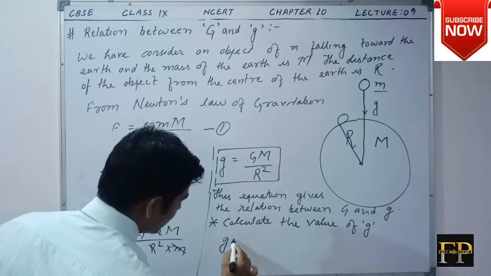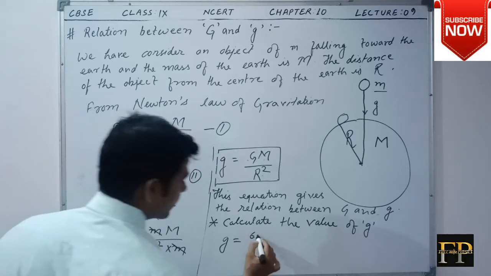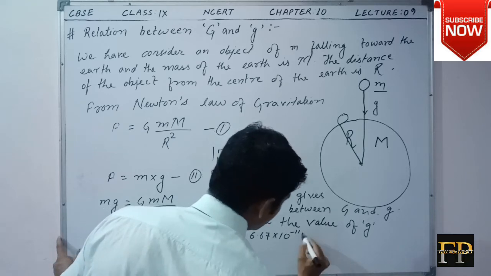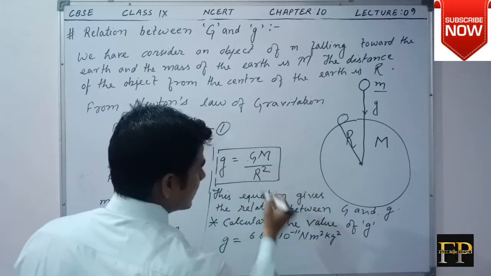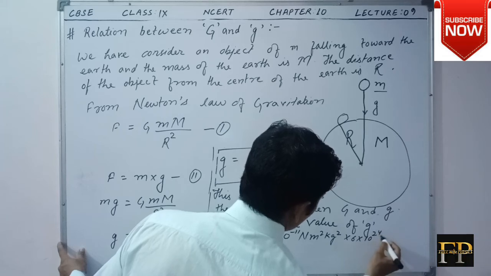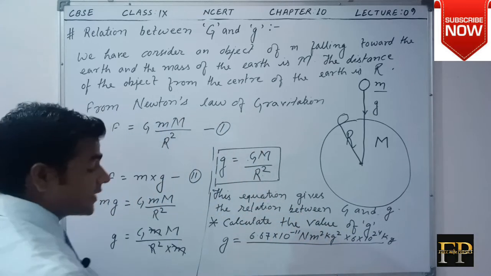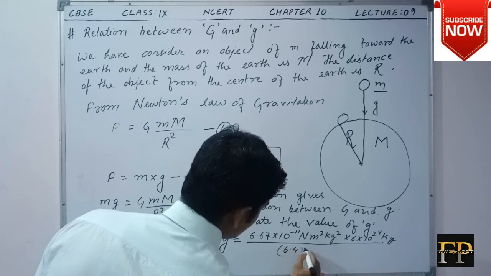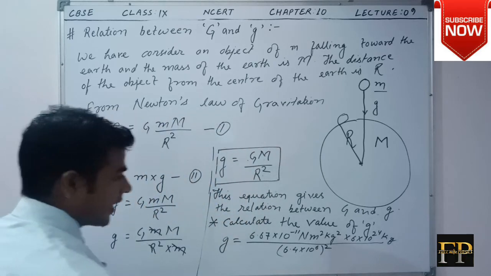We put the value of G, that is 6.67 into 10 to the power minus 11 Newton meter square per kg square, and the mass of the earth is 6 into 10 to the power 24 kg, and divide it by the square of the radius of the earth in meters, which is 6.4 into 10 to the power 6 meter, squared.